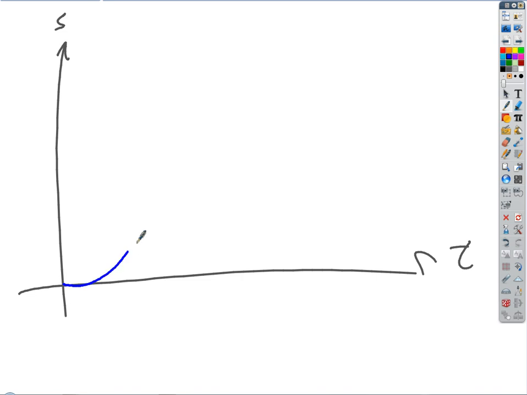We started off, we accelerated, and we came up to some maximum speed. What is our average rate of change between the starting time and the ending time right there? Well, the average rate of change is this change in total distance over change in total time, right? It's just going to be this secant line.